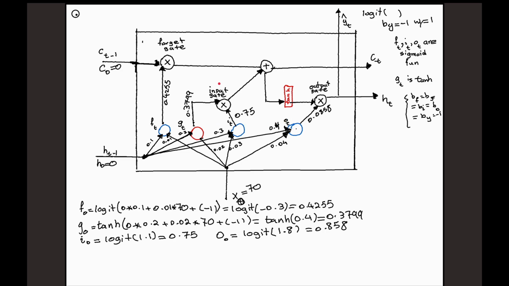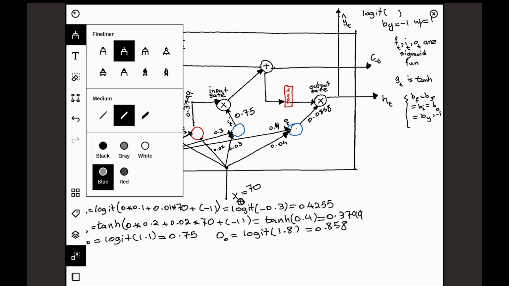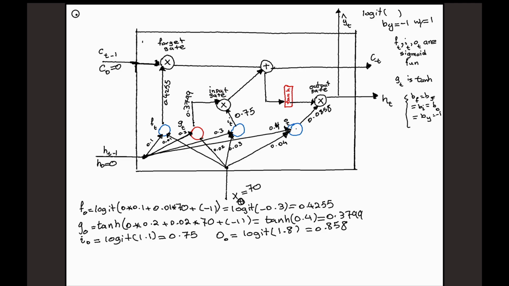So in order to find the output of the input gate, we just need to multiply these two numbers. So this value is 0.75 times 0.03799. Just multiply them, as you can see in the graph.